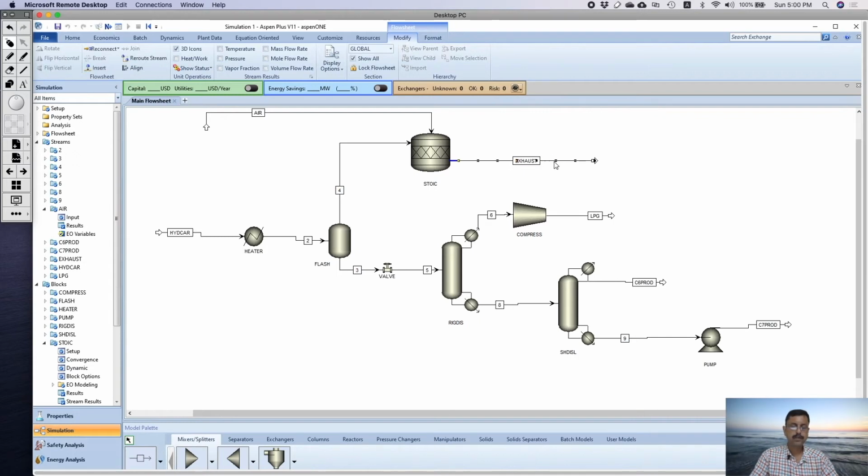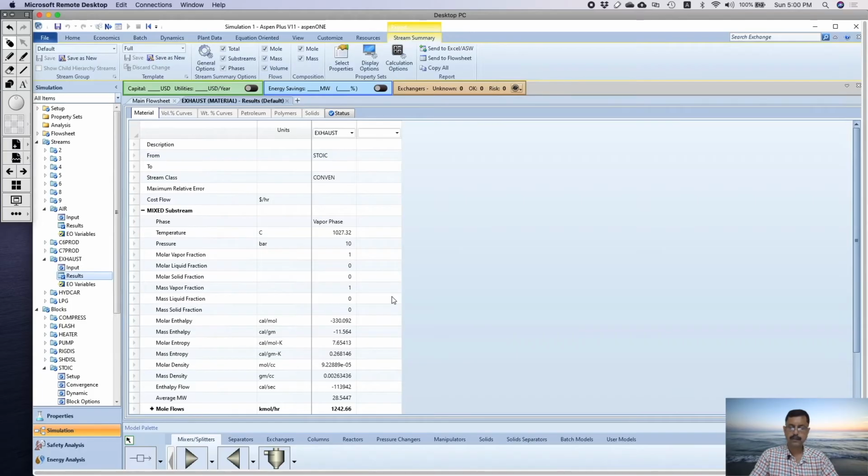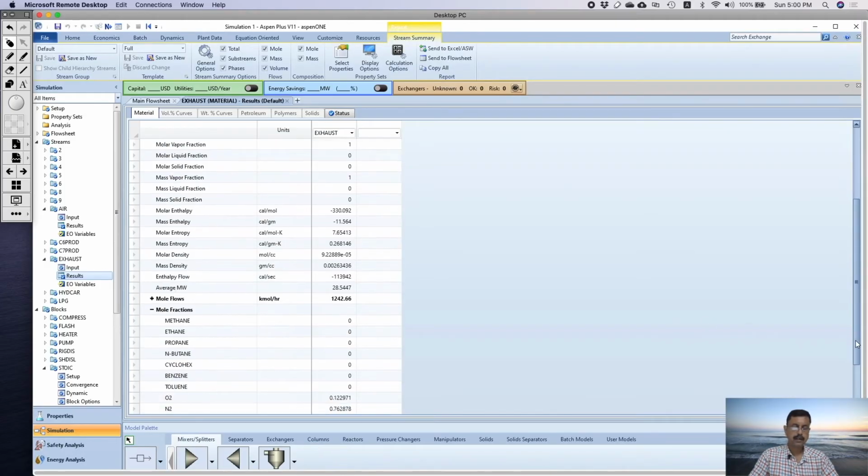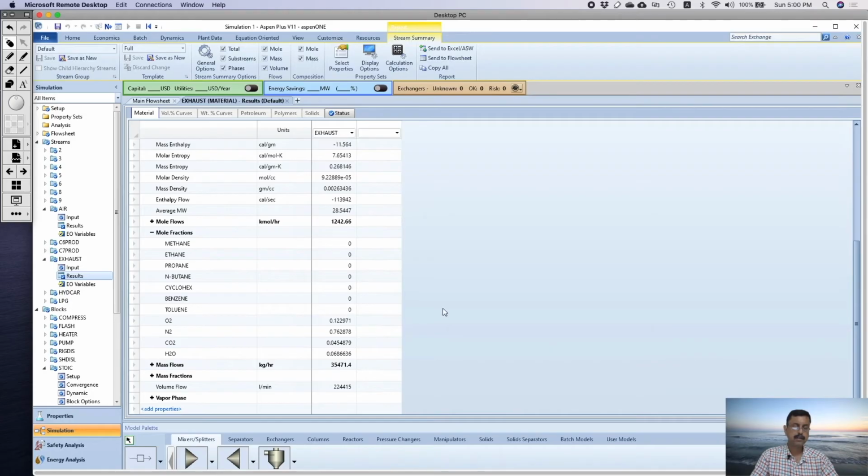We are interested to know the composition of this gas. So its molar flow is 124266 mole fraction. Now we can see it is 100% conversion, so no methane, no ethane, no propane, no N-butane, no cyclohexane, benzene, etc. Mostly carbon dioxide and water.